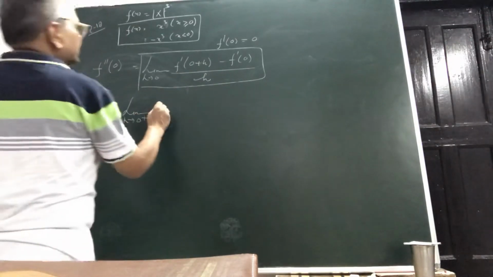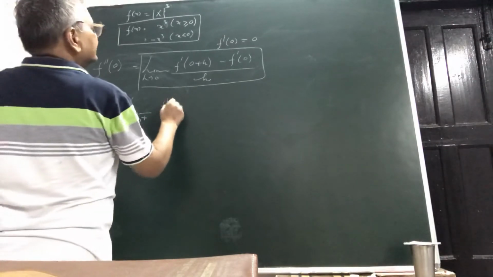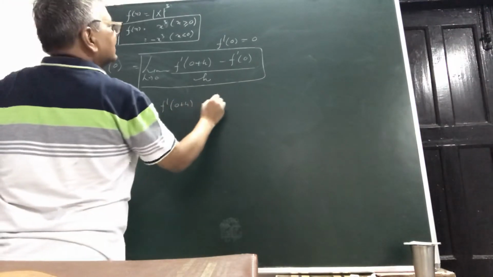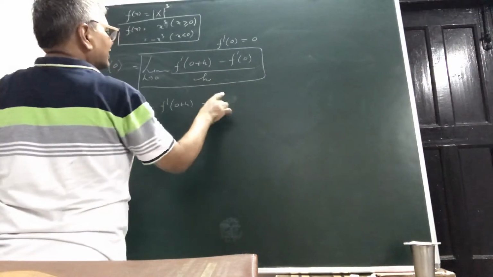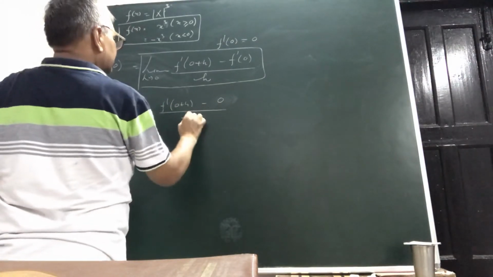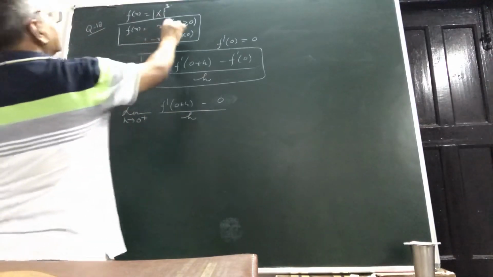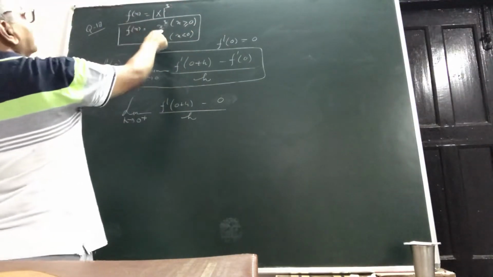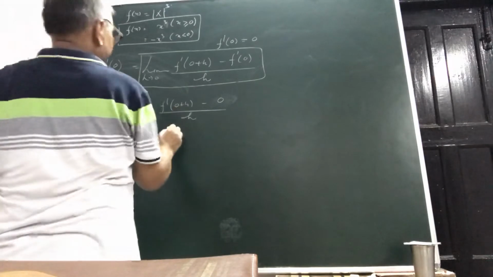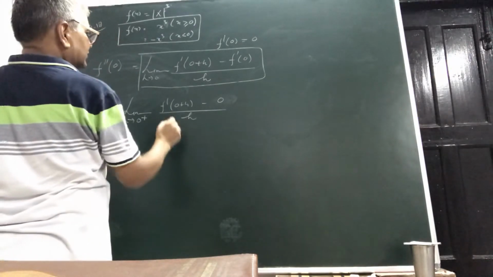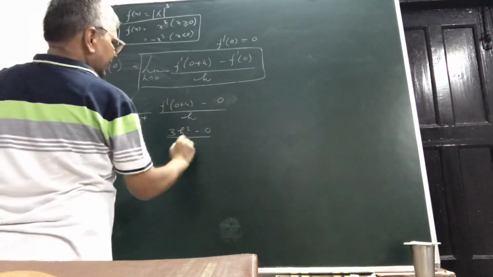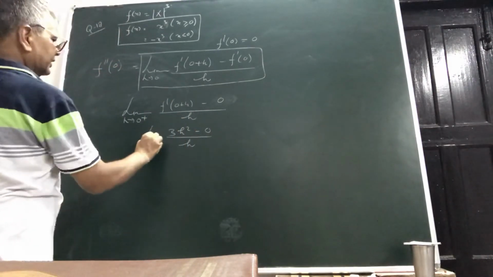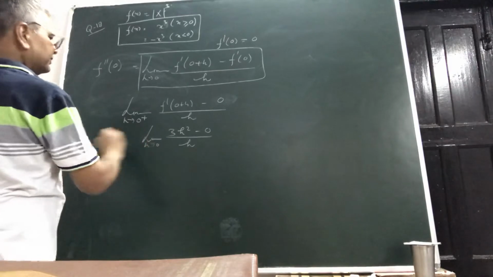So here it is f dash(0 plus h) minus f dash(0), which is 0, we have just now calculated, upon h.